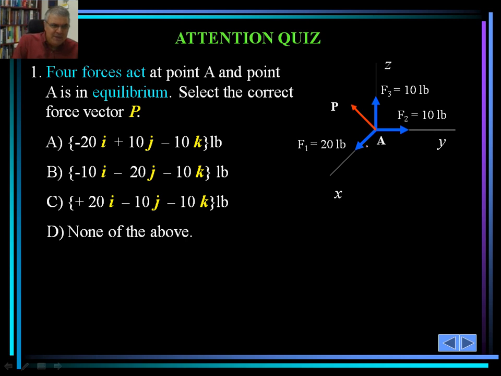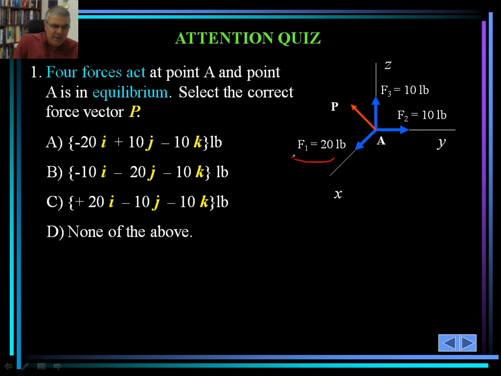The good news is that F sub 1 is along X, and F sub 2 is along Y, and F sub 3 is along Z. So if we set that using the equation of equilibrium, as you can see, F sub 1 must be a positive 20, because P is also positive.